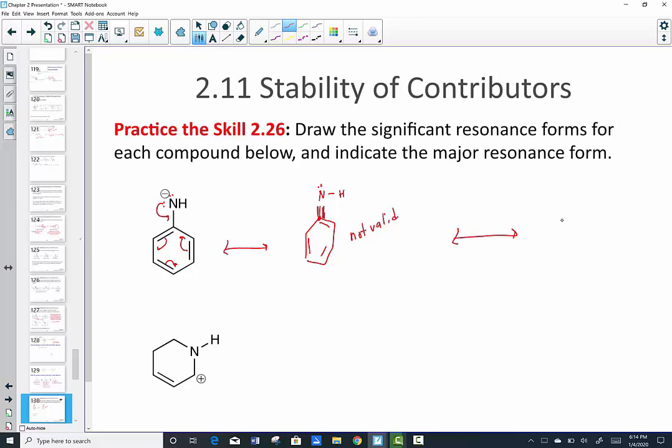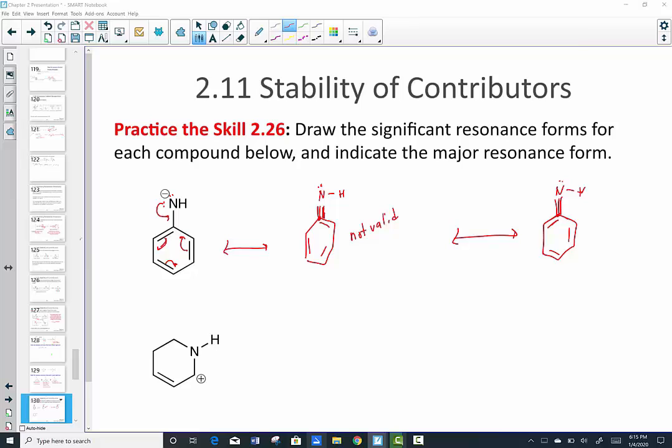What if we only moved the first pi bond and left the resonance structure as is here? Right, so instead of these arrows, did that accomplish anything? The answer is no, because this carbon still has 5 bonds, so that's no good.